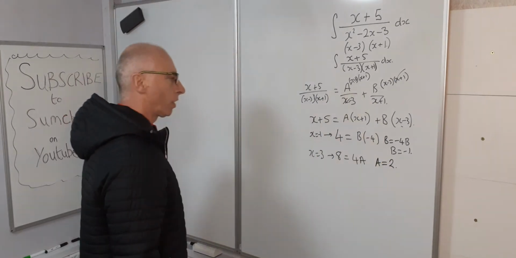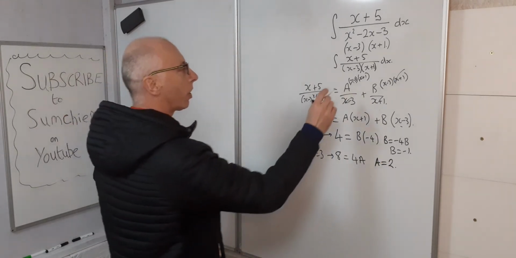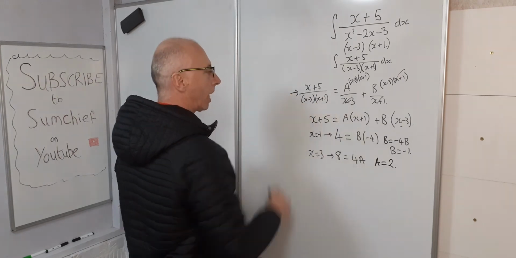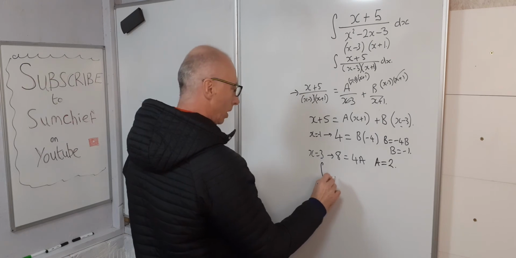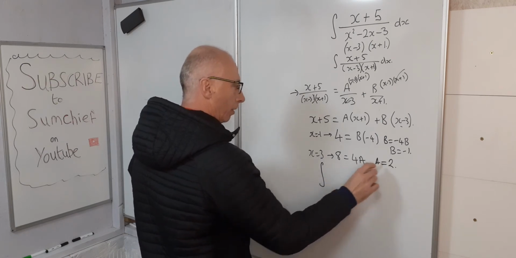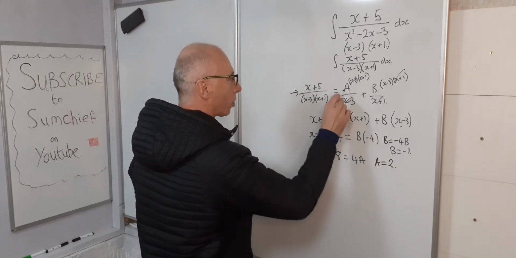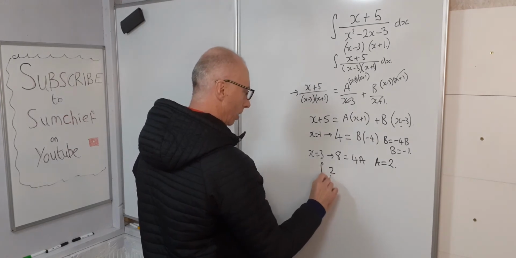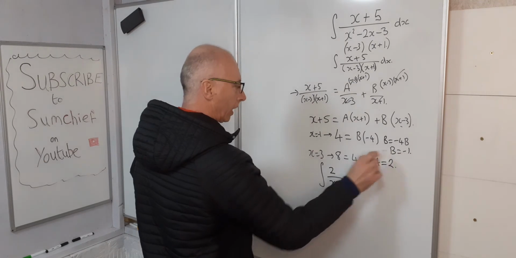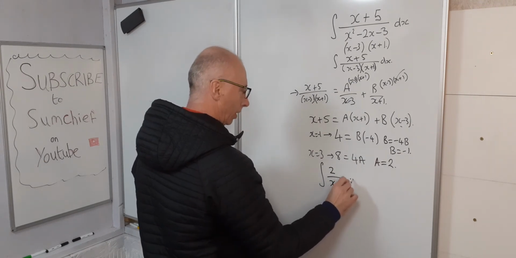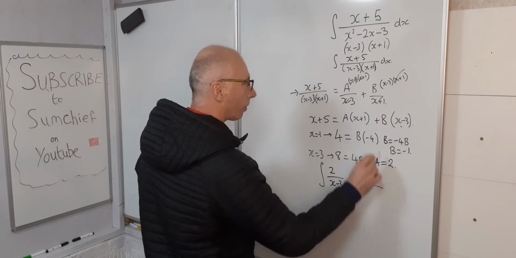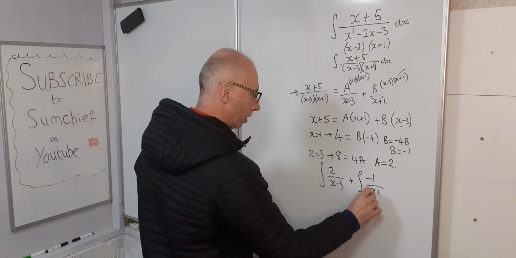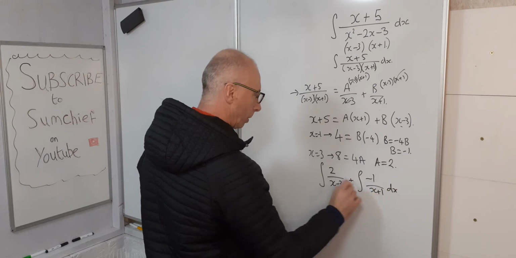Okay, great. Let's rewrite what we've got at this stage as the integral and see what we have so far. So we plug in the A value: A is 2, over x minus 3, and B equals minus 1, so we now add on the integral of minus 1 over x plus 1, and these are all with respect to x.